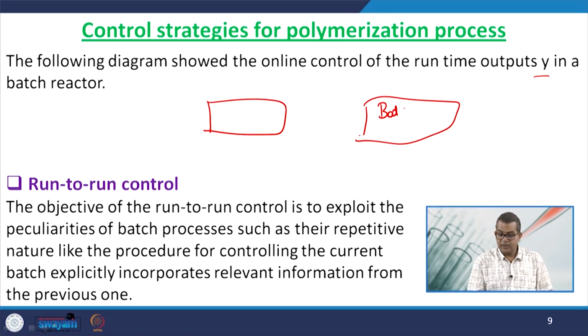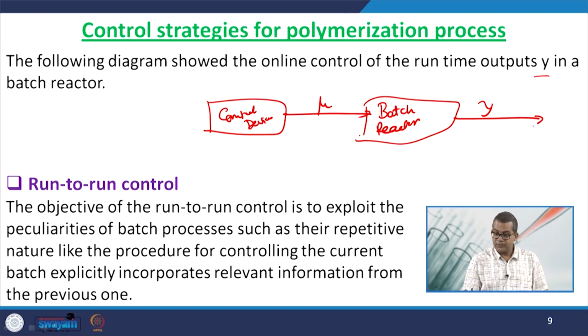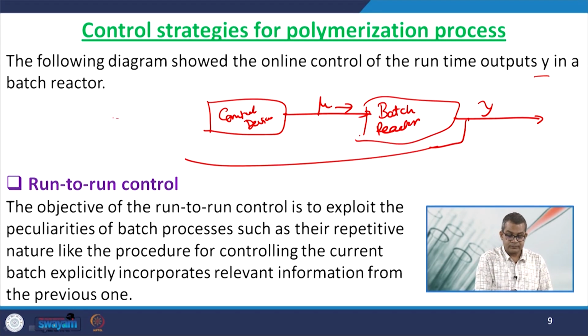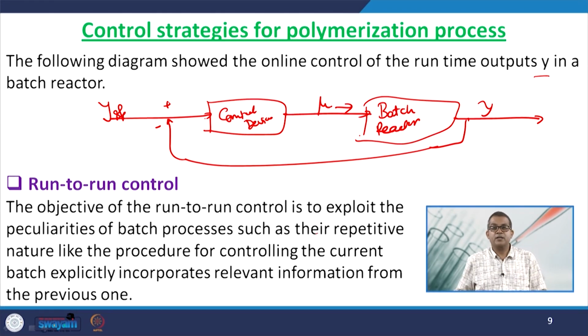This is your batch reactor, and here you have the control device, usually the signal, and if this is the output and it is not the desired one, then you may put a signal here, maybe plus or minus, so that you can rectify things accordingly. So, this is the importance of your online controller.